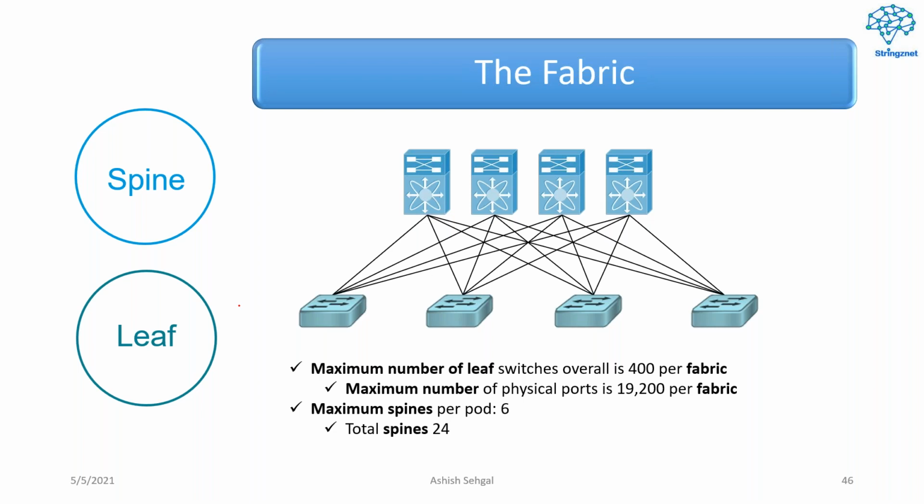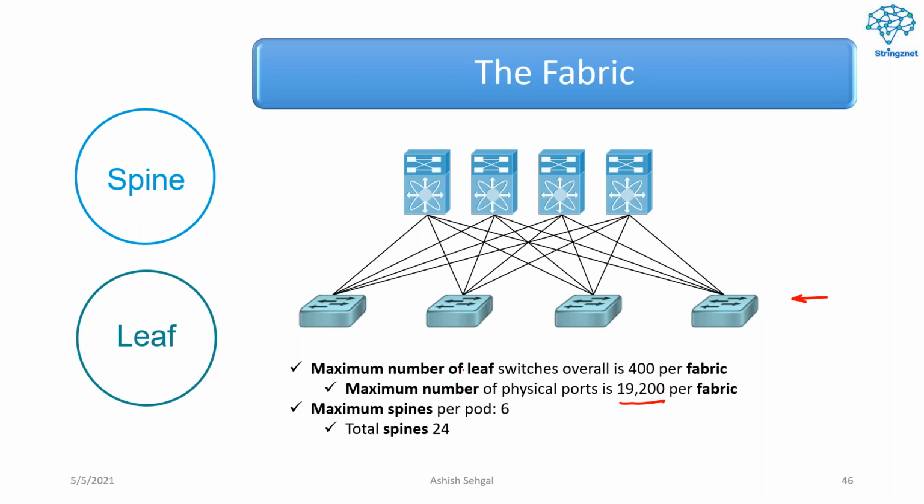What we can say is the maximum number of leaf switches is 400 per fabric. That means we are so fortunate, guys, we can have 400 leaf switches. And how many physical ports? 19,200 per fabric. This is one fabric.